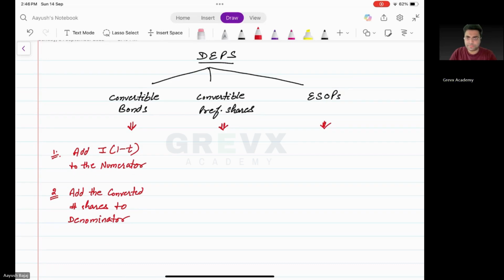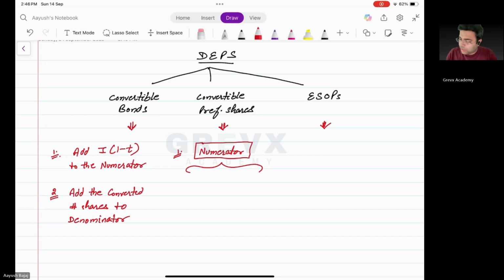Understood? Good. If you have the preference shares, the adjustment to be made in the numerator will depend on what is given to you.